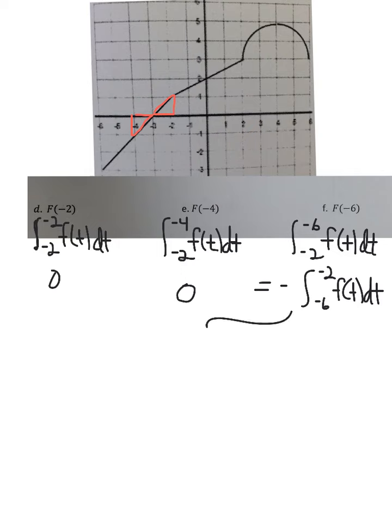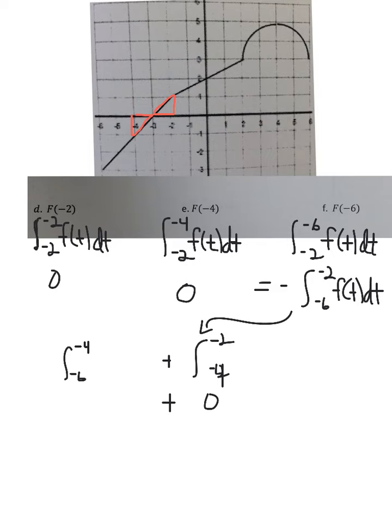I'm going to put that work down here. So I'm going to split this up, and I'm going to go from -6 to -4, and then add -4 to -2, which is my answer from part E. So I already know that that's 0.